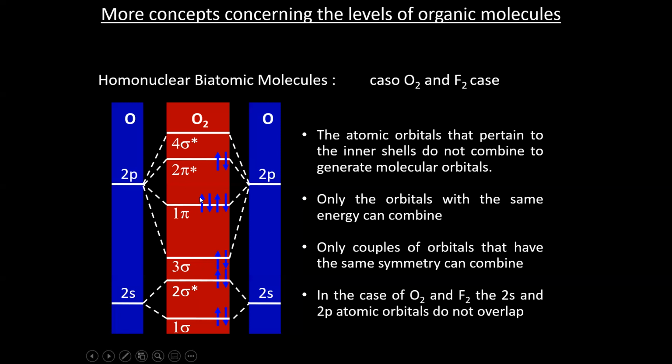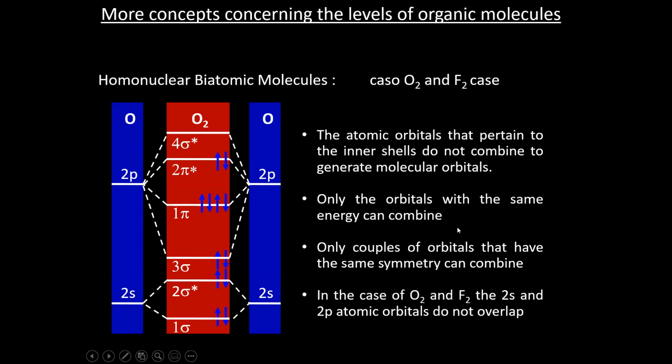Now, you see that the symmetry of the molecular orbital can be sigma or pi. You remember that if you have p orbitals, you can combine the two p orbitals like this and you get a sigma, and you can pair them like this and you get a pi bond. And this is written here. And again, you have bonding and anti-bonding orbitals.